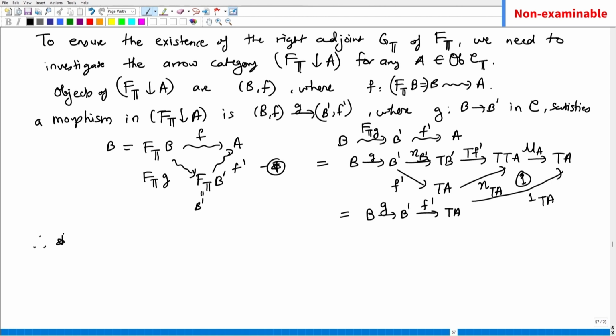So therefore star commutes if and only if I start with this B and then F is from B to TA, that is F, then this is G which is to B prime, and this is F prime from B prime to TA. This commutes.